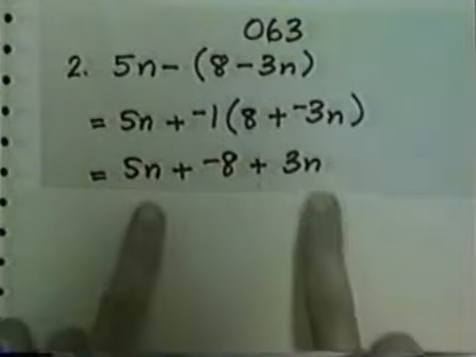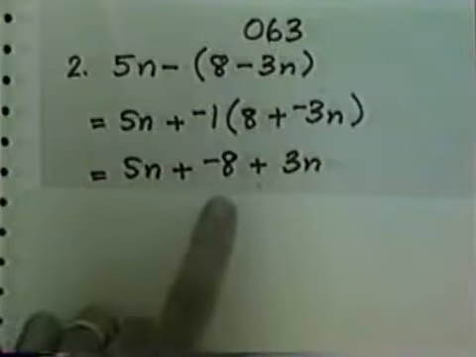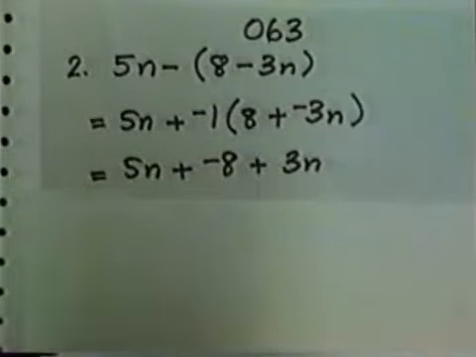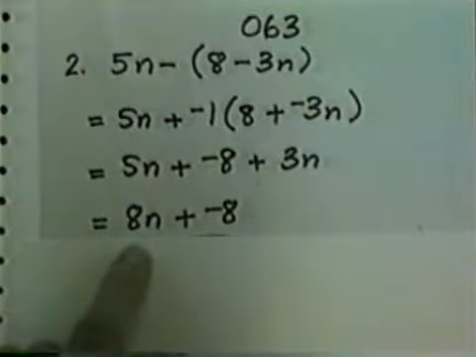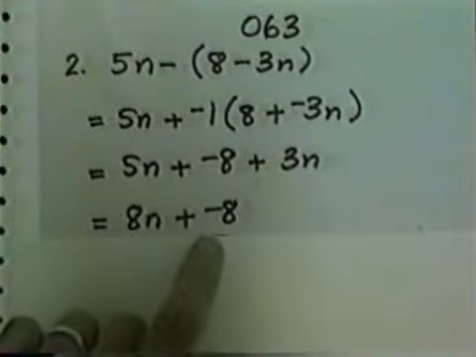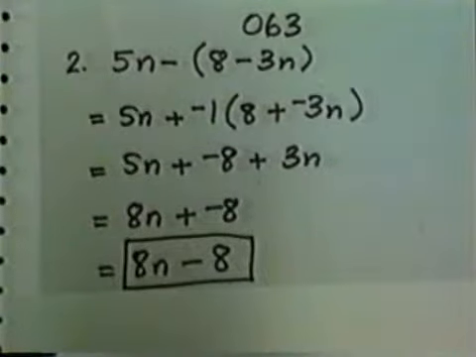The like terms are 5n and 3n because they have the same variable part. The constant term will be written last. And so we get 5n plus 3n to get 8n plus the constant term -8. And then for the best form, 8n subtract 8.